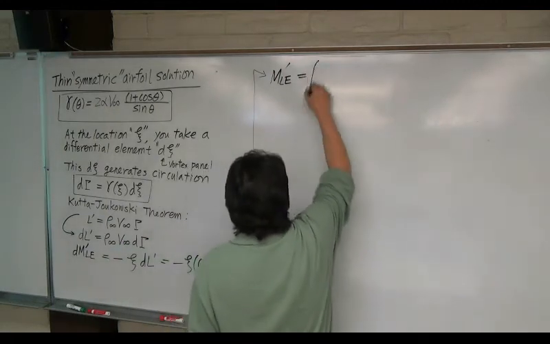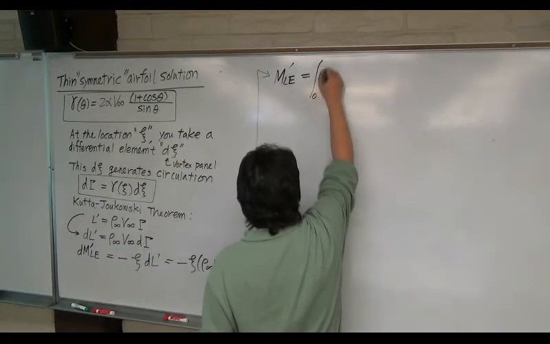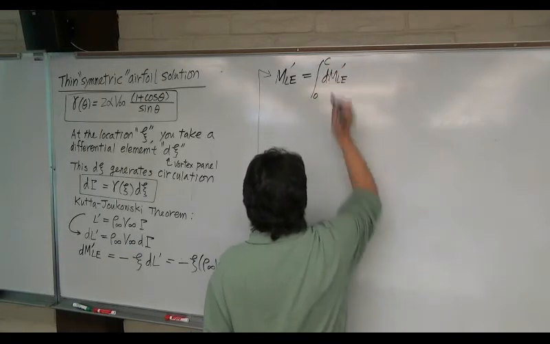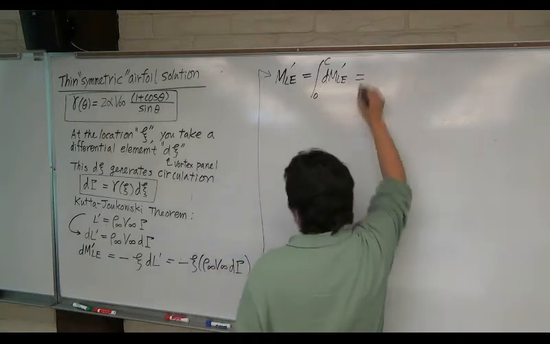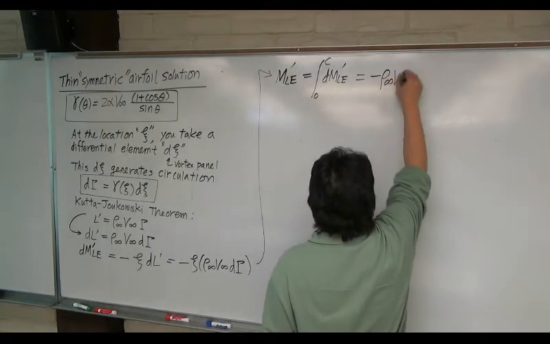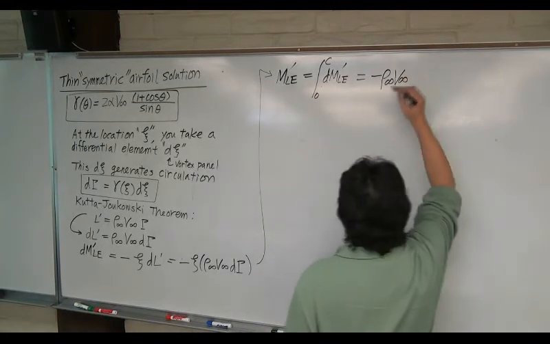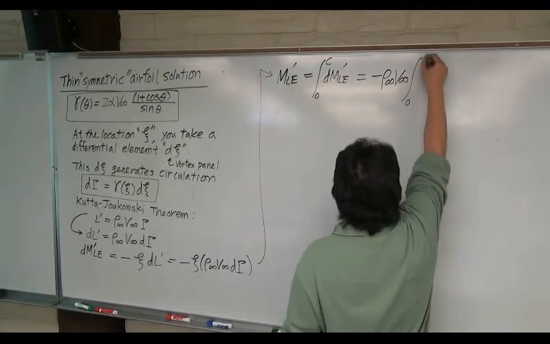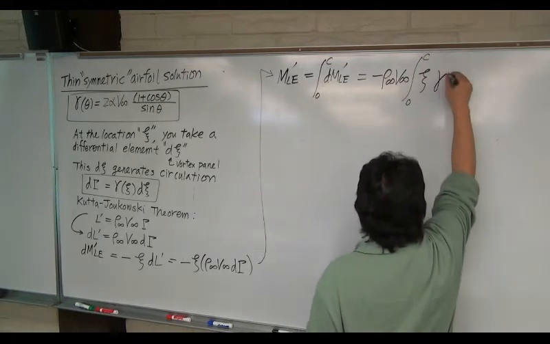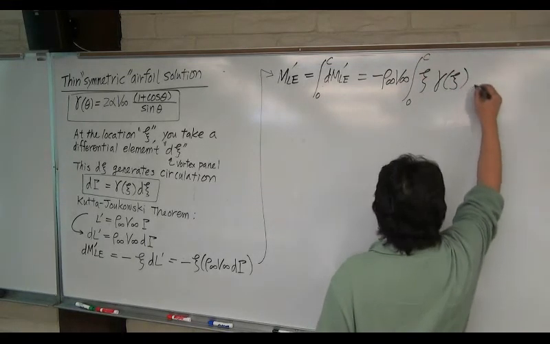So you're going to integrate from leading edge to trailing edge dm le prime, which is, of course, that equation. So you get minus rho infinity b infinity, there's a constant, goes outside of the integral. So integral from leading edge to trailing edge, xz is the distance, multiplied by gamma as a function of xz, multiplied by dxz.